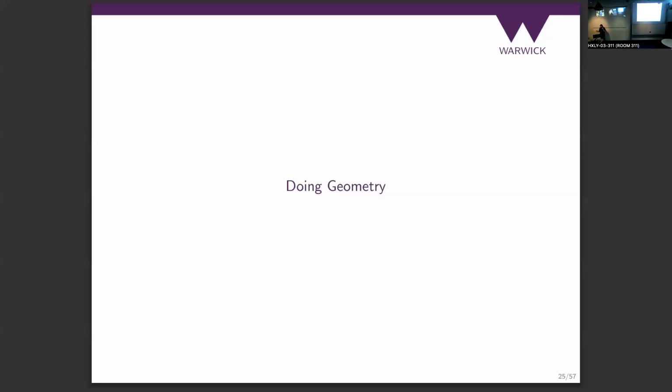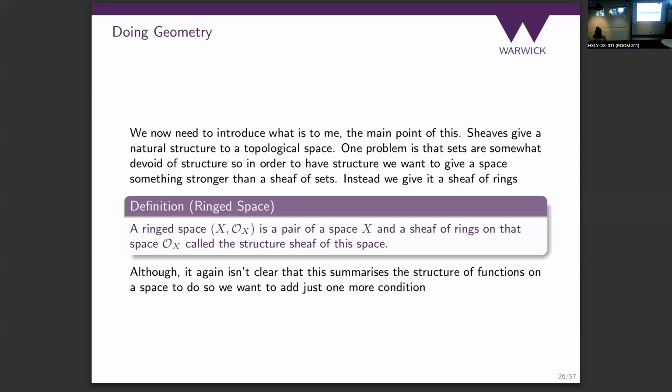So I've defined the structure of a sheaf, but I haven't really attached this to any spaces yet. So if we've got a space, and then we choose a distinguished sheaf of rings on it, this gives us the structure of what's called a ring space.